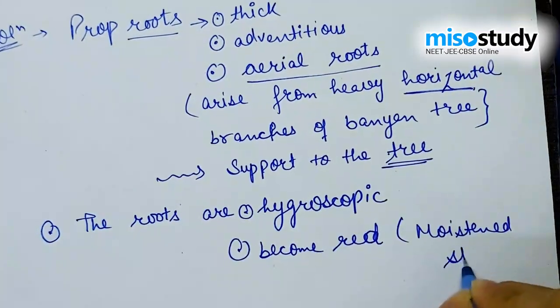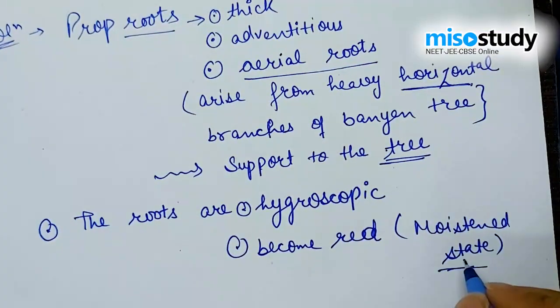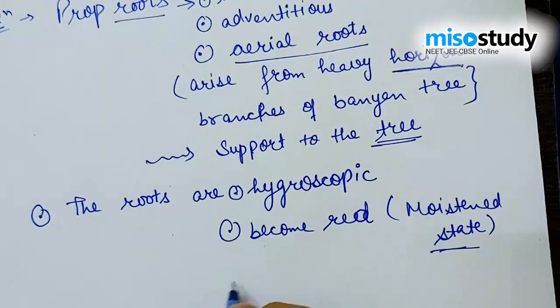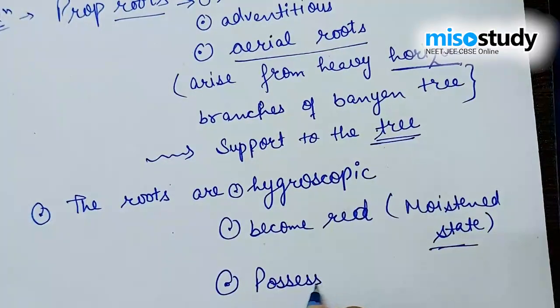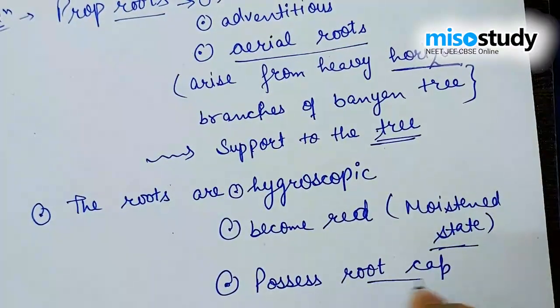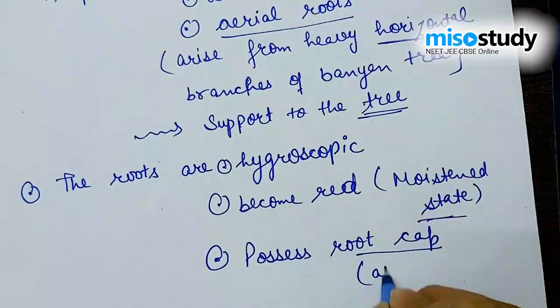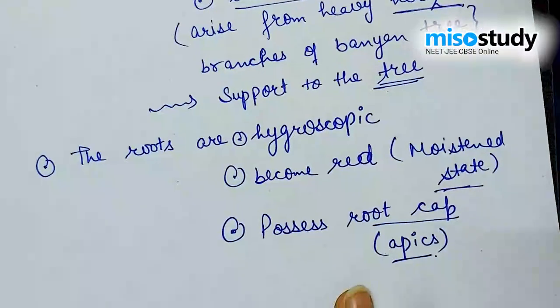When the root gets moisture, it becomes red in color, and they also possess a root cap. Where do they possess the root cap? At the apex of the plant.